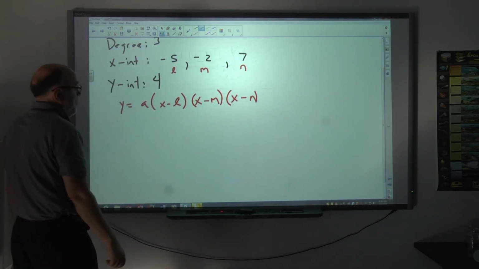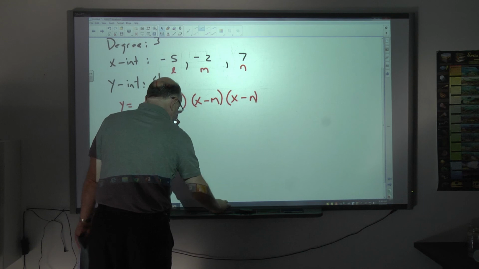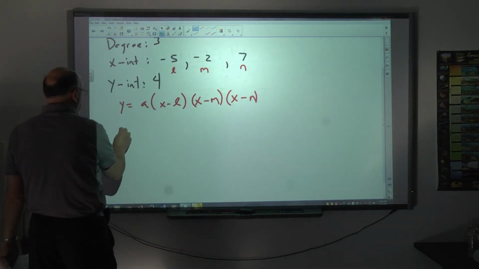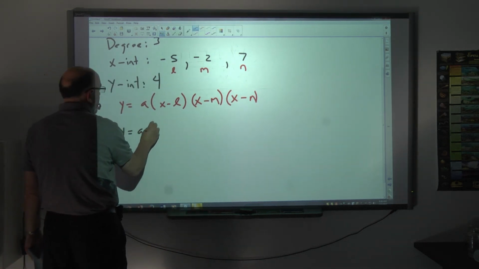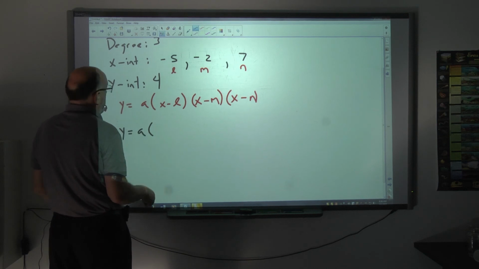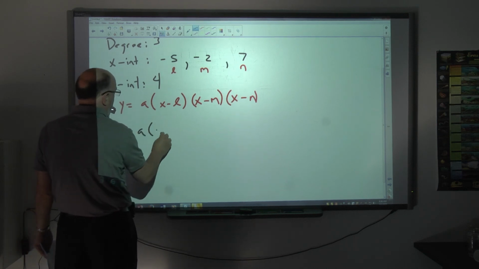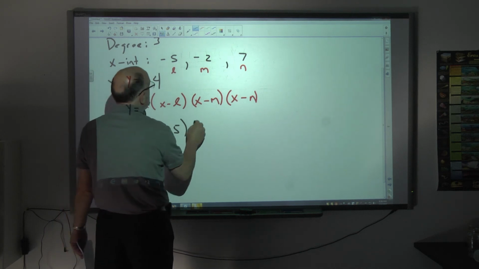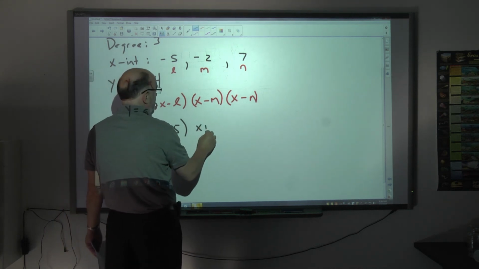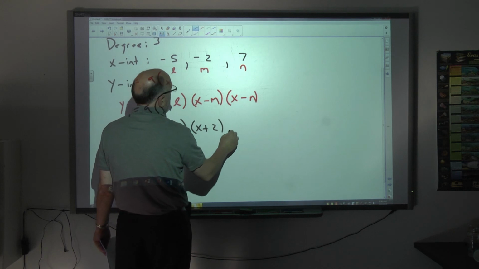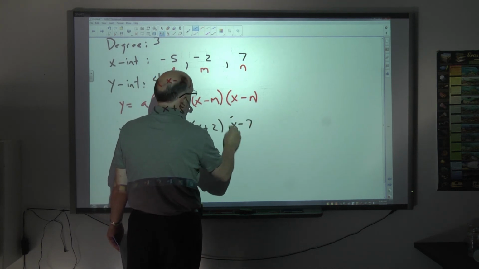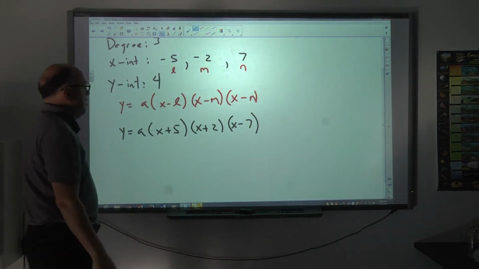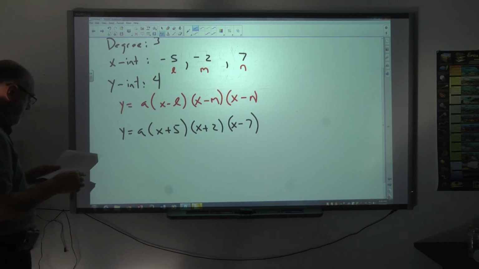So I can first start by taking those numbers and putting them in, and so we'll have y equals a times x minus negative 5, which will give us x plus 5. And then x minus negative 2 will give us x plus 2. And then x minus 7. Right? So we got those.